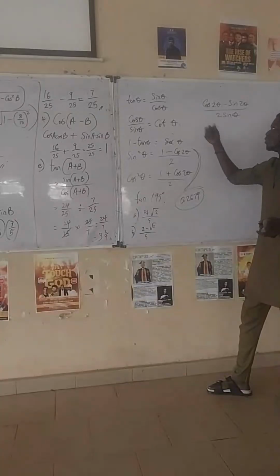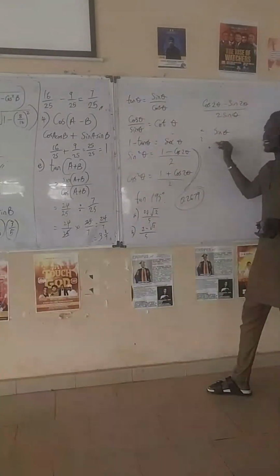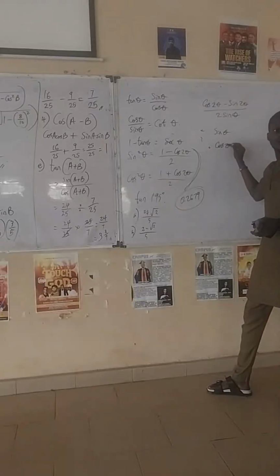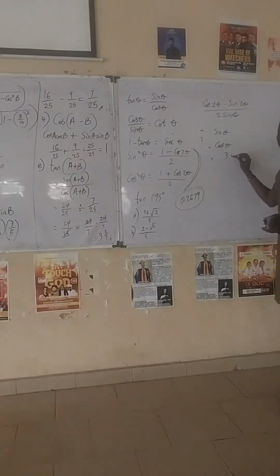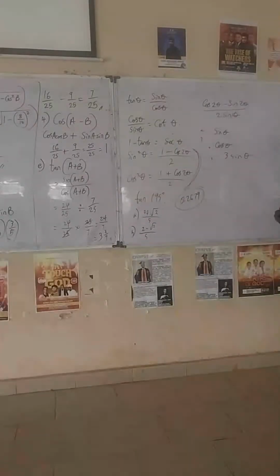But since it's objective, maybe some of the answers are sin theta, maybe cos theta, or maybe 3 sin theta, or something like that. You also do the same thing. But this one, let your theta be something like 45. 45 is easier, because 0 might not work, 90 might not work. So let your theta be 45.